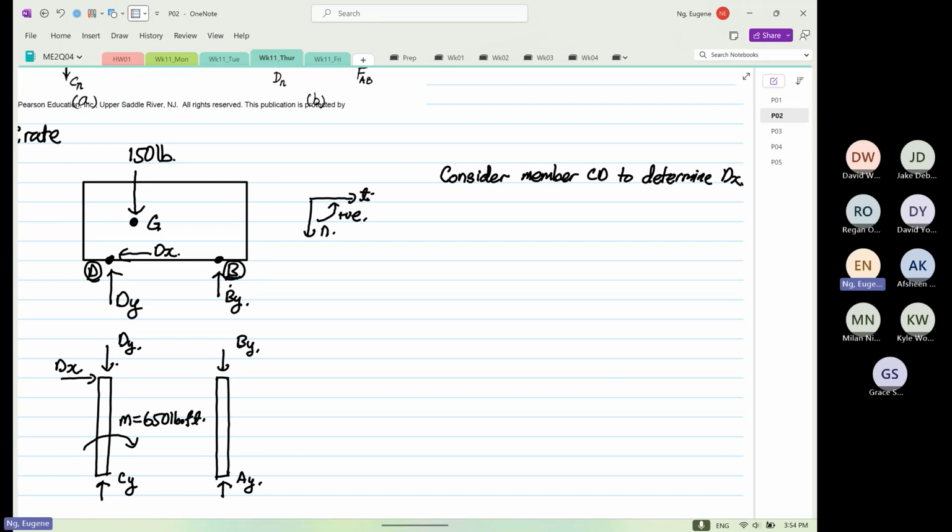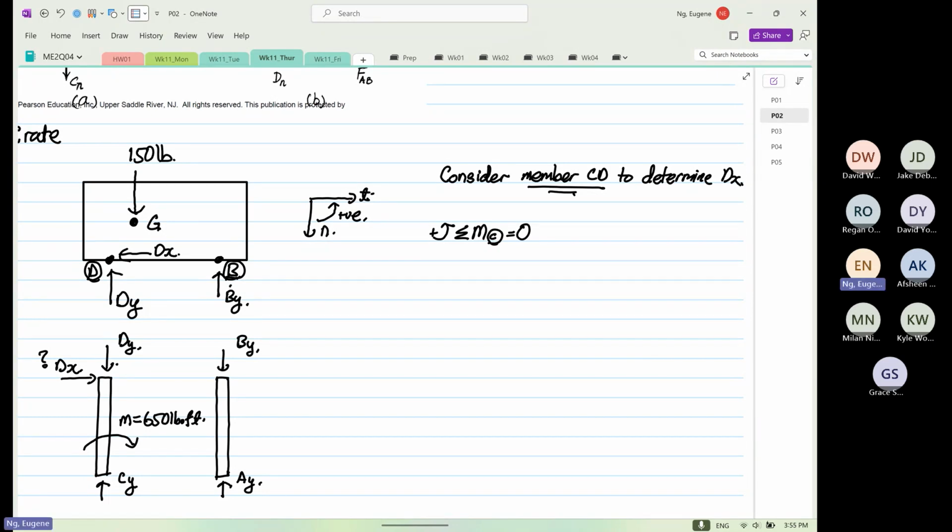Okay, we want to find what is our Dx first. So we just focus on member CD. What we know is the sum of moments, anything rotating anti-clockwise, from point C is equal to 0.